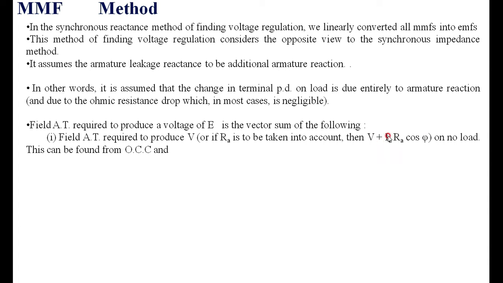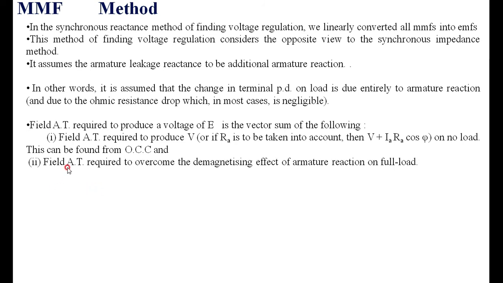Corresponding to V, if RA is not given, or if RA is given, corresponding to V plus IRA cos phi, on the load, what is the current required? That is the field current you will find out. From the open circuit characteristics, what is the field current required to generate V plus IRA cos phi under no load condition? That is IF1.